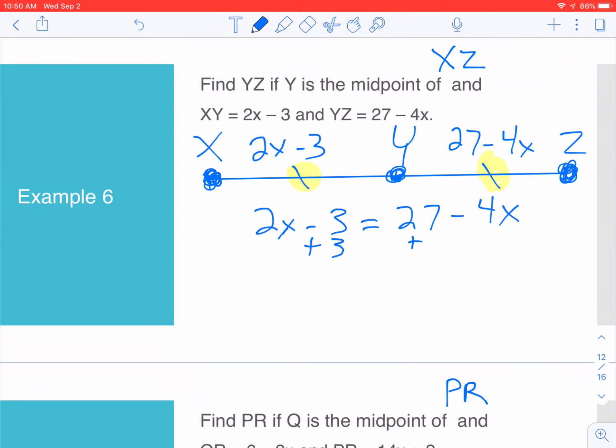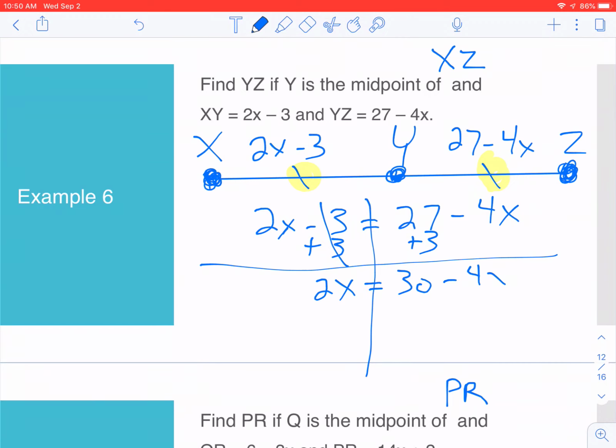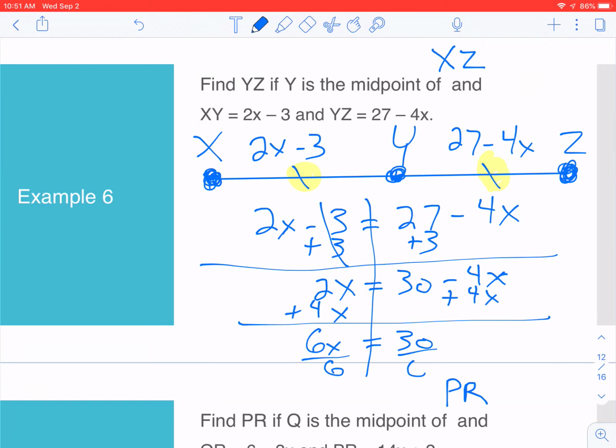That's what I'm going to start with. So I get 2x, because that cancels, equals 30 minus 4x. Now I have to get all the x's on the left. So I'm going to add 4x. I'm going to get 6x equals 30. Divide by 6, divide by 6, x equals 5.